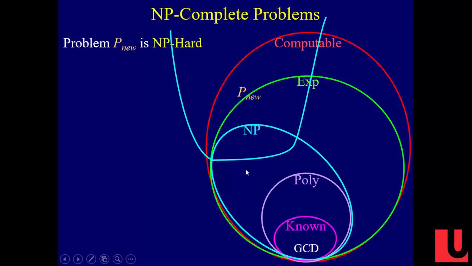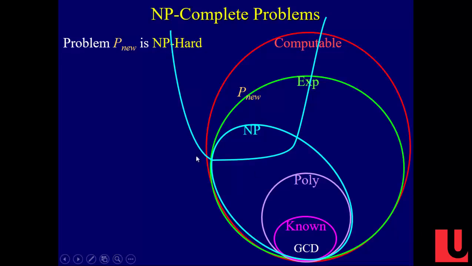So what's this class? These are the class where you can do them in exponential time because you just try all possible solutions. It's possible that you can do all of these things in polytime. You might have heard one of the big open questions in computer science is, does P equal NP?